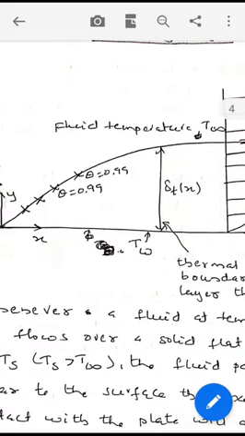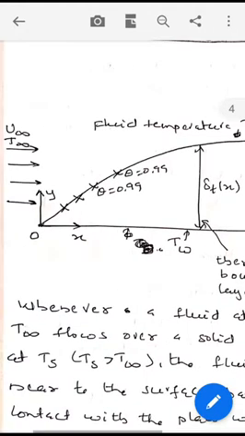At any location x from the leading edge of the plate, one can locate a point at a distance y equal to delta T x measured along the y direction, where theta equal to 0.99. That is where the fluid temperature has nearly reached the stream temperature T infinity.